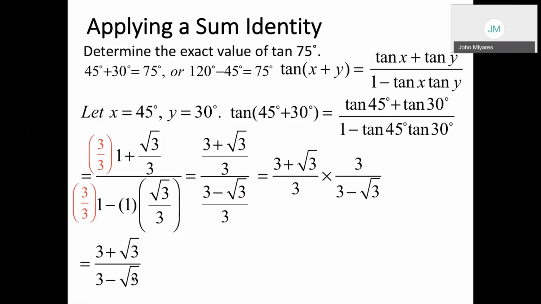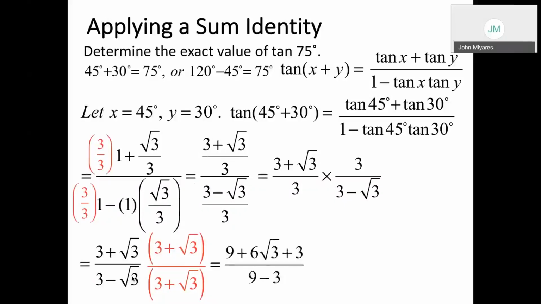So we can get rid of it by multiplying the numerator and denominator, the top and bottom of this expression, by the conjugate of the denominator, 3 plus the square root of 3. In the numerator, after we apply the FOIL method, we'll get 9 plus 6 square roots of 3 plus 3. In the denominator, the radicals will fall out because the difference of squares pattern will cancel out your middle term.